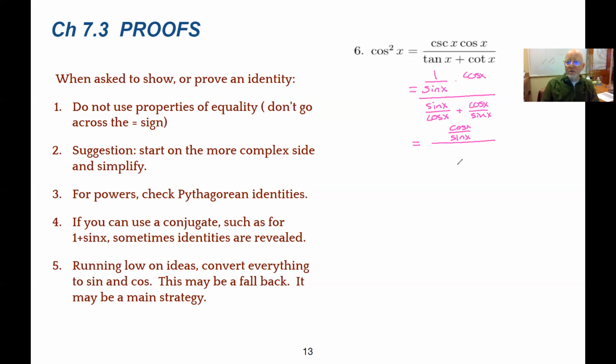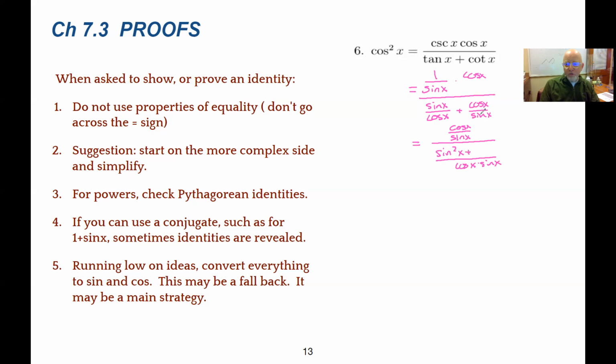I'm going to leave this as cosine over sine. Now in the bottom, we have 2 fractions, and if we had a common denominator, that would really help us. So a common denominator in this case would be cosine x sine x. The first fraction would need a sine x, so that would generate sine squared x in the numerator.